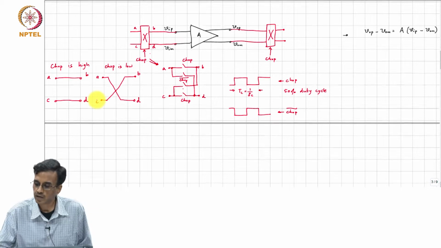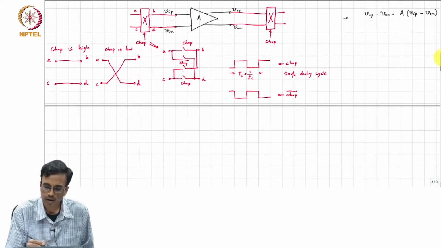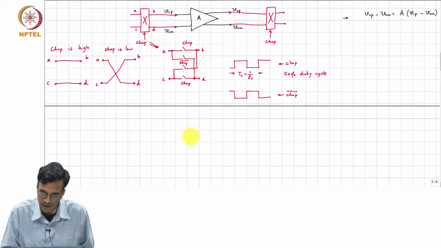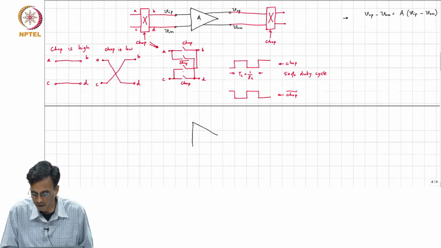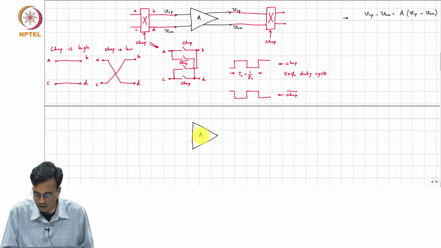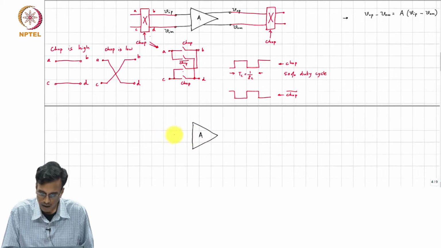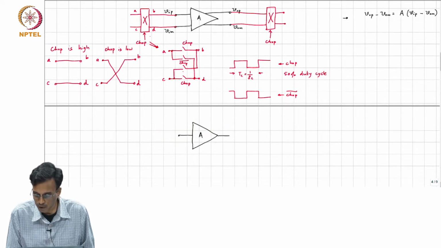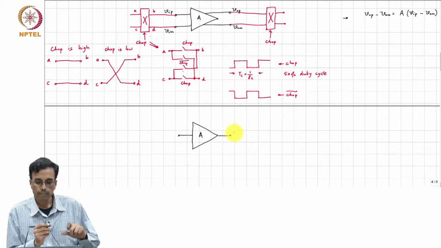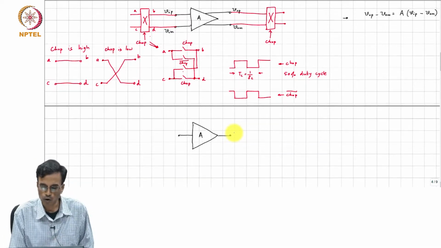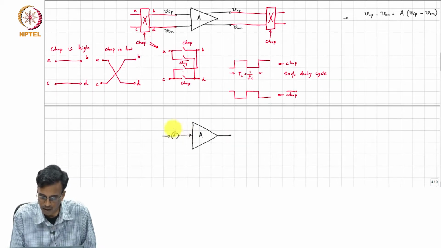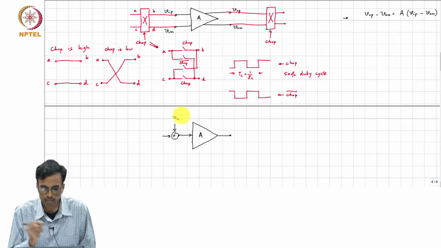Okay. So, as you can see, this is equivalent to, if you want to draw a signal flow graph with this, you have an amplifier, and the amplifier is amplifying the difference between the input and output, of course, and the input here refers to VIP minus VIM and the output is VOP minus VOM, and there is of course the amplifier flicker noise Vn.